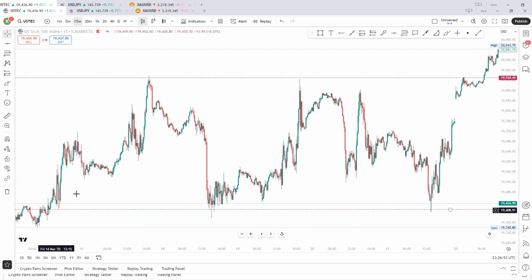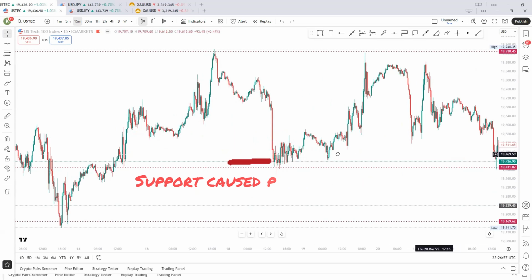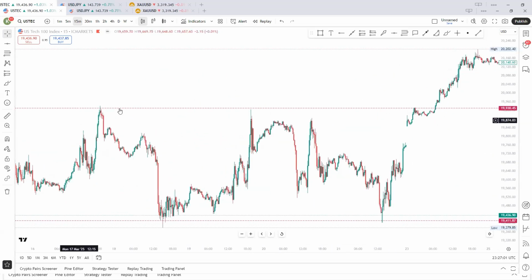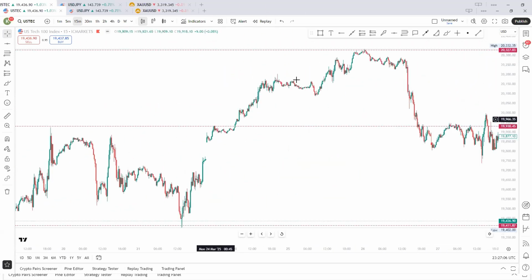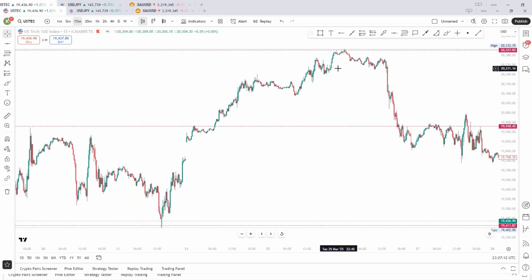All right. So previously we were bouncing from here, and you can see that we did. Then we had resistance here. We broke through it, right? Came back down, and we are playing against the zone. So I want you to understand that market behavior is repetitive.